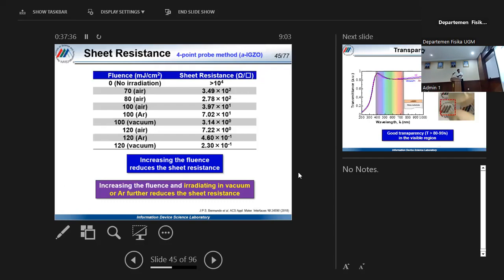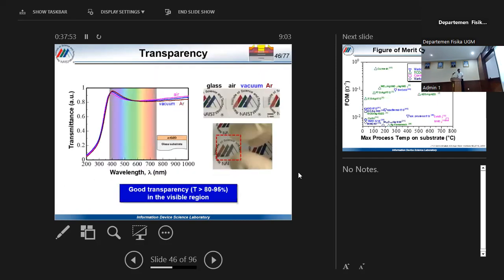We show here that without irradiation, the sheet resistance, which is related to the conductivity, is very high. As we irradiate and increase the fluence of the laser, performed in vacuum or in argon, the sheet resistance is dramatically reduced. Even after the laser treatment, the films are still transparent.